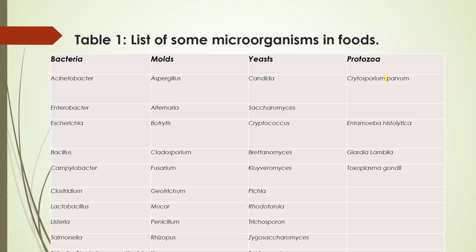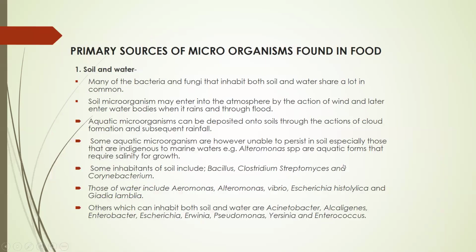You have some species of Candida that can cause diseases, but most of the yeasts are very useful in the industry for fermentation. Then, of course, you have protozoans like Cryptosporidium parvum, Entamoeba histolytica, Giardia, which you can find in your water, and Toxoplasma gondii. Most of these are parasites, and they can cause diseases.